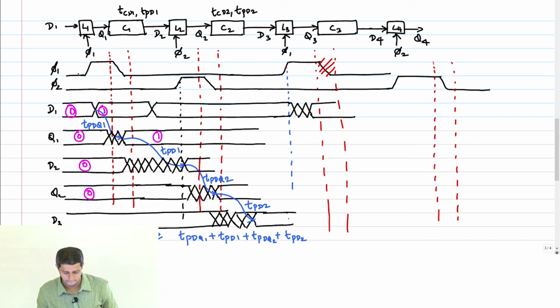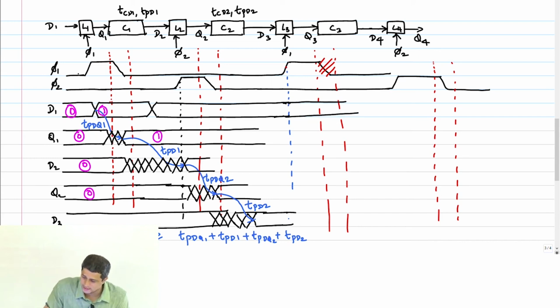Okay, this is D1, you're right, and this is, by the way, event 2. Now Q1 is coming here, and then it starts changing.